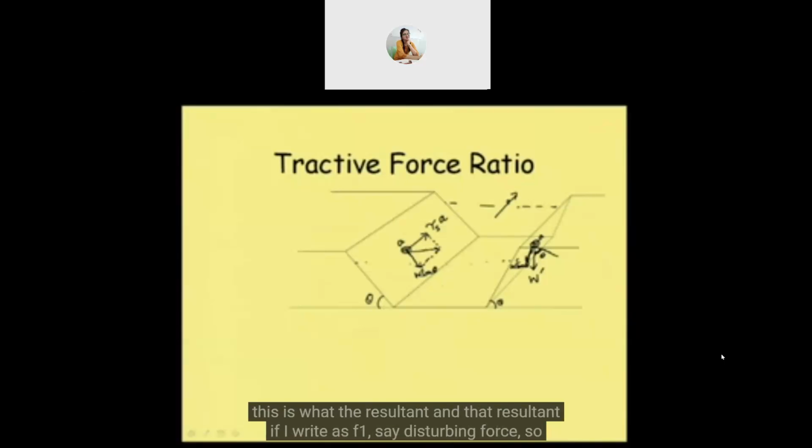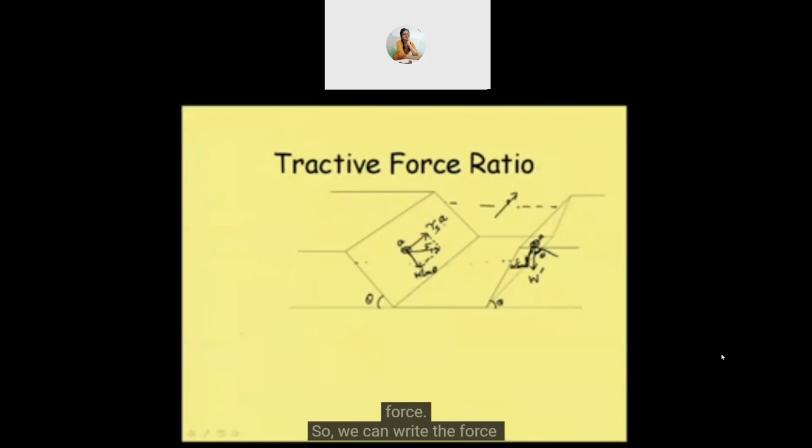That resultant, if I write it as F1, the disturbing force, how can we write it? This will be tau s square A square plus W dash square sine square theta, and then taking the root of that we will get this force.